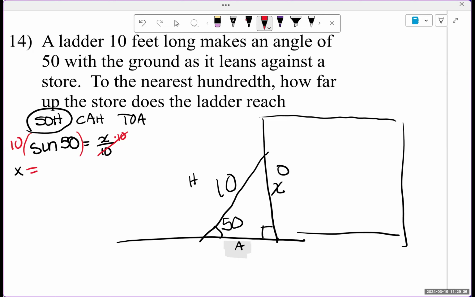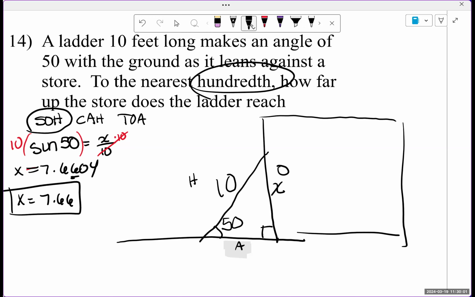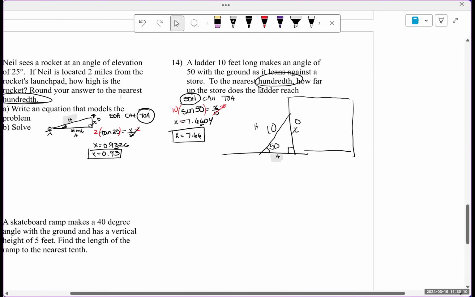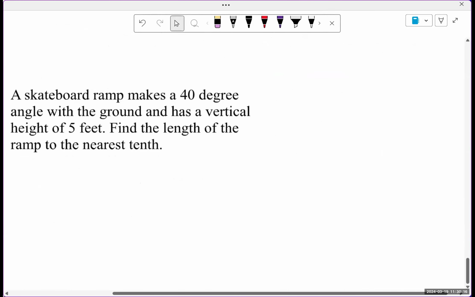Okay, plug that into your calculator. 10 times sine 50, 7.6604, round to the nearest hundredth, 7.66. So as word problems go, these are not bad, right? You just got to know how to draw the picture and where to put your parts.